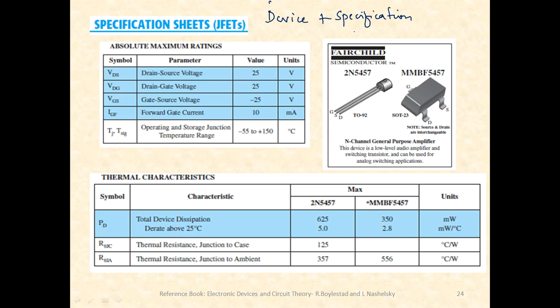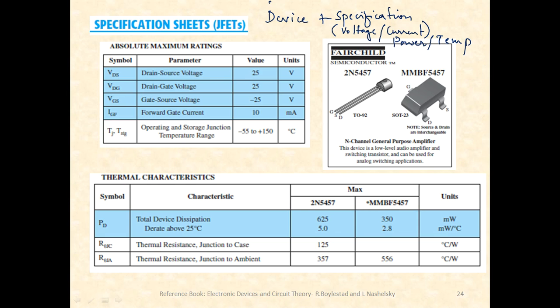an information sheet, which provides all the necessary information regarding the maximum voltage, the current limitations, even the power limitations, and also the temperature.